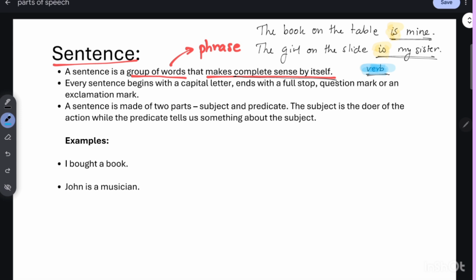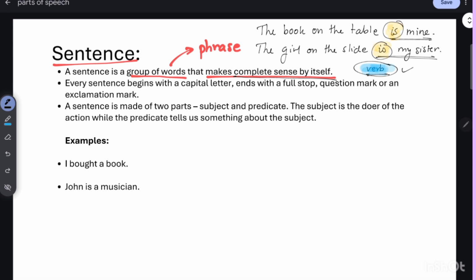So in these two sentences, as soon as we add the verb is, in both cases the verb is, as soon as we have a verb, it can become a complete sentence. So first is a group of words, second it makes complete sense by itself, and what we could say is a subtopic of making complete sense is the existence of a verb.